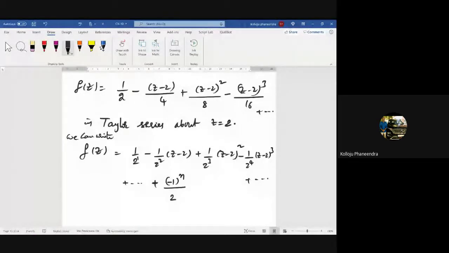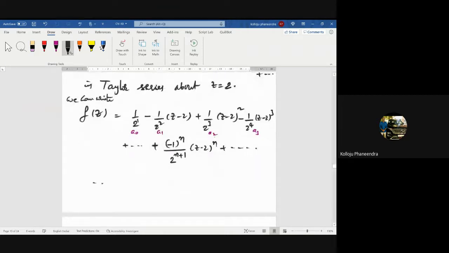This is a naught, this is a1, a2, a3. When n equal to 1 this should be minus, when n equal to 2 this should be plus. So it is 2 power n plus 1 into z minus 2 whole power n, and so on. This is the nth term.